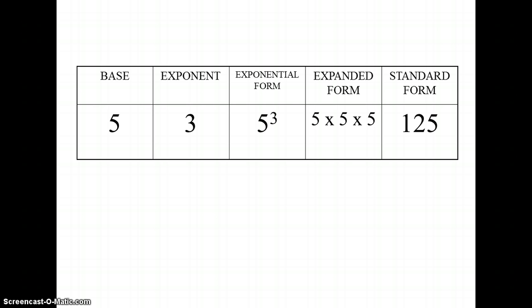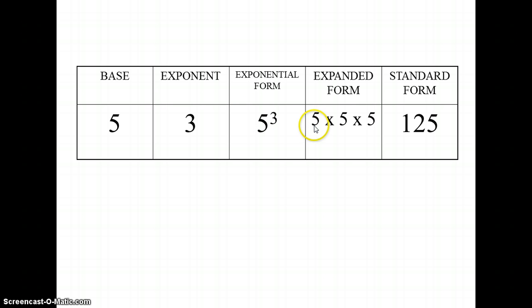If I look at exponents expanded out, the base was 5, the exponent was 3. The exponential form is 5 to the third power, and when we have a number raised to the third power, we sometimes call that cubed. So we could read this 5 cubed as well.